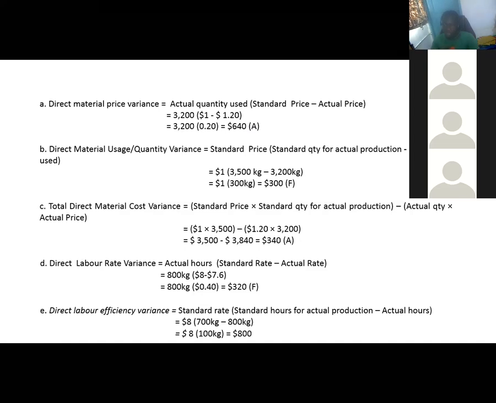Remember, I told you earlier that once you arrive at a negative figure, your final answer will be unfavorable or adverse. That is why you don't need to add the negative sign. The negative is just telling you that my variance is unfavorable, it's adverse. So after you've written the 640, you just put into brackets A, or you can write the full word, adverse or unfavorable. Either of these two is accepted.